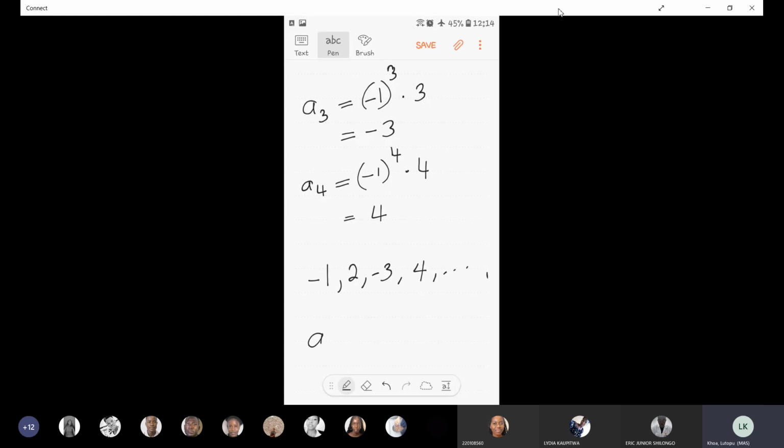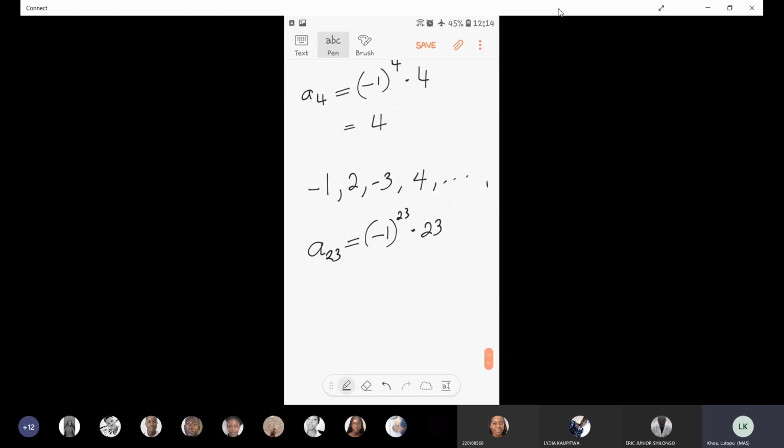And then if I want to work out the 23rd term, this is just negative 1 to the power of 23 multiplied by n itself, which is 23. Now I know when I raise a negative number to an odd exponent, the answer is negative. So this will just be negative 23, like that.